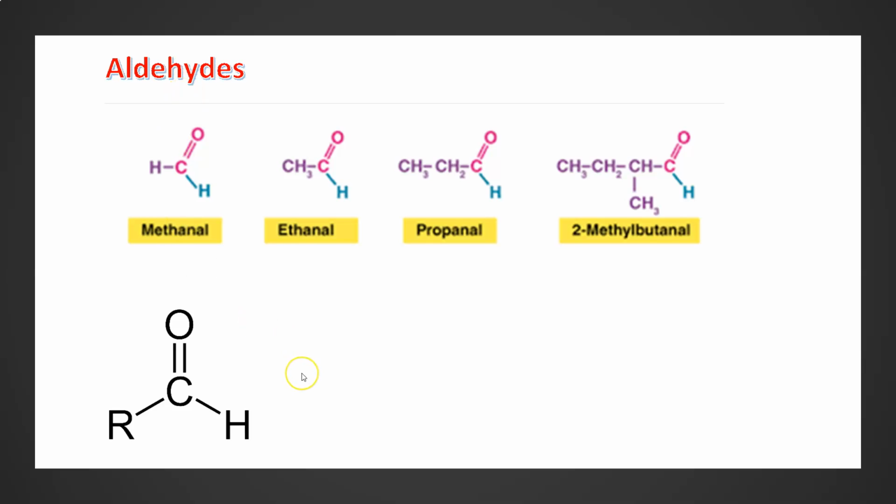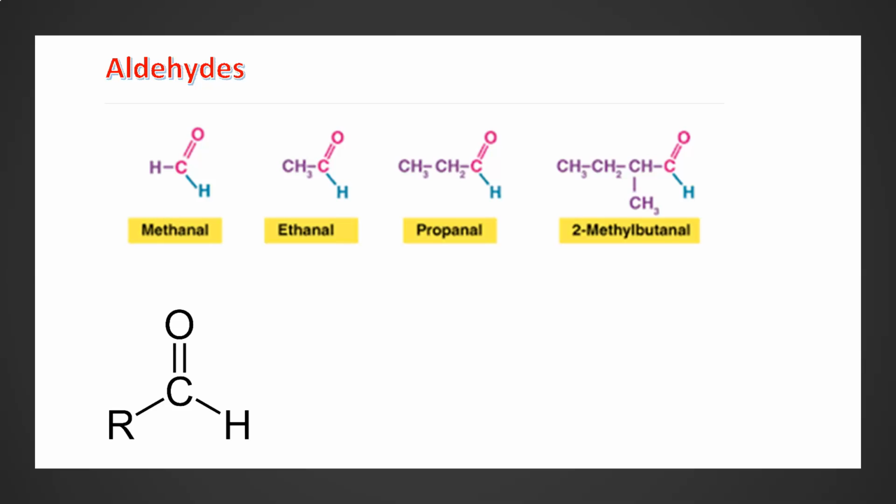The aldehydes that are produced by the oxidation of primary alcohols are methanal, ethanal, propanal, and 2-methylbutanal, as you can see here, as examples of this type of compounds.